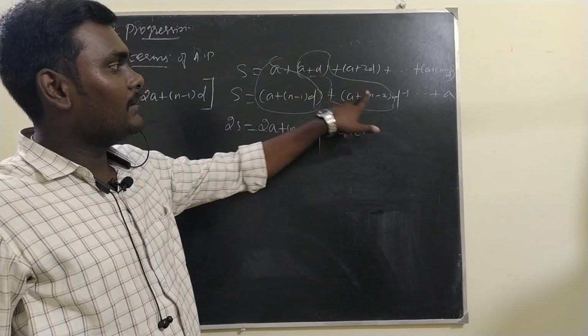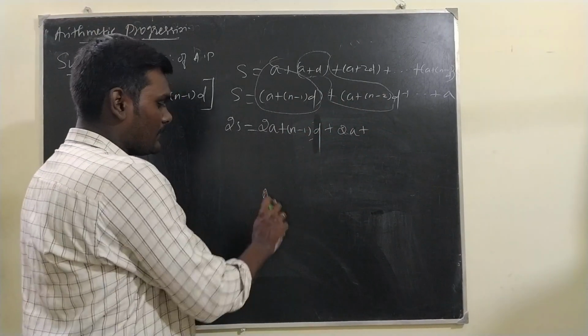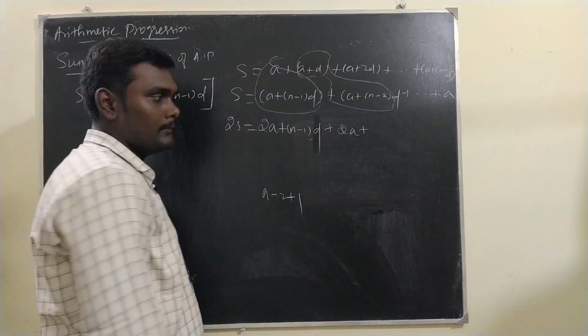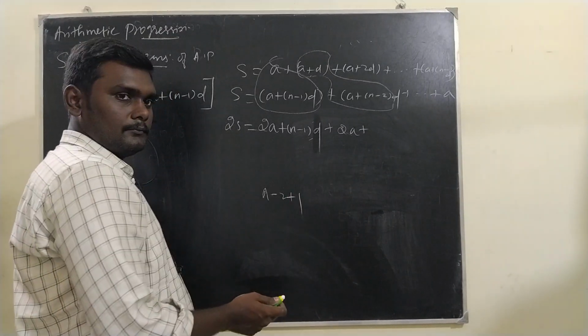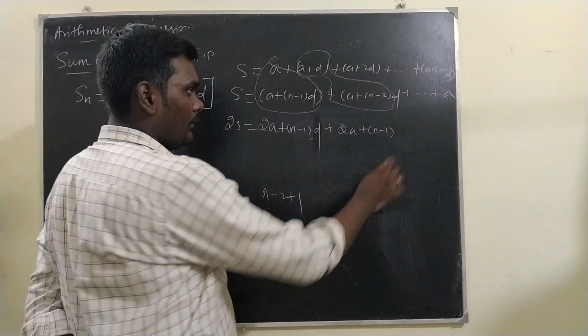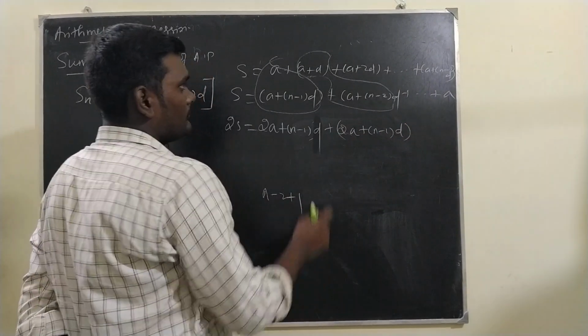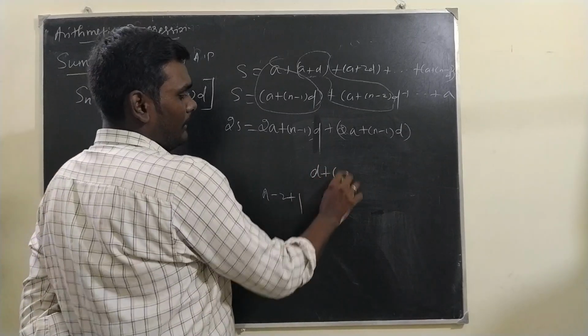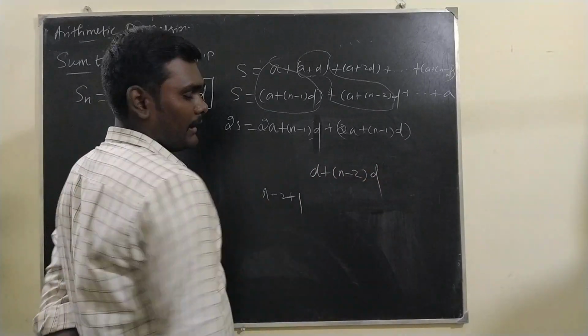Here plus d is there, n minus 2. So, n minus 2 plus 1, how much? n minus 1. n minus 1 into d. See, d plus (n minus 2) into d, right?